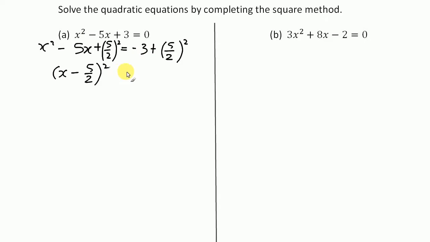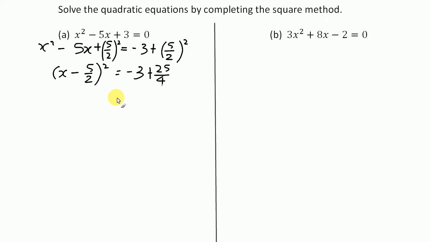So on the right side, let's simplify what we have here. We have minus 3 plus, when we square this fraction, we should get 25 over 4. 25 over 4 is equivalent to 6 1/4.